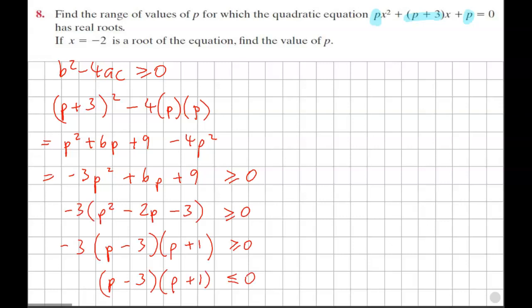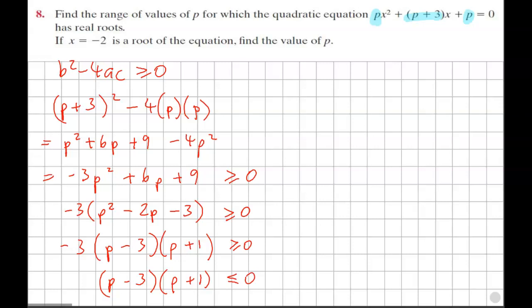So for example there, I've just factorized it. I had minus 3 as a common factor. I brought that out, and eventually, you can see in the very last line that I've changed direction of the inequality because I effectively divided by minus 3 both sides.